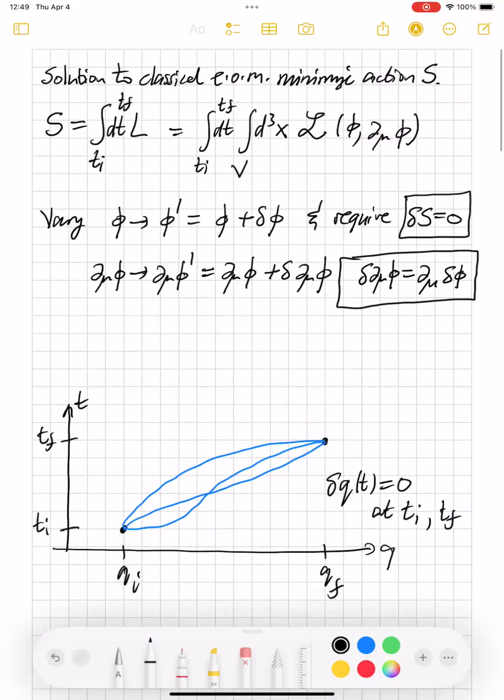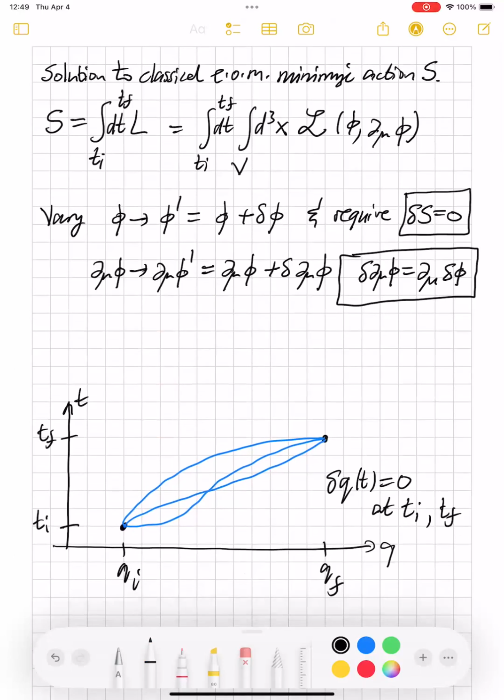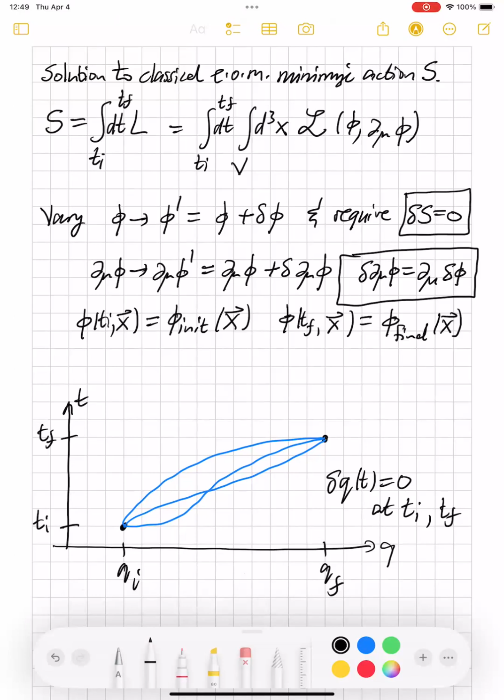Well, here, when we set up this variation, we are going to say something very simple. We want to specify some initial and final value conditions. So we're going to specify that the field at the initial time and all positions x is equal to some initial field configuration, phi init of x. And we want to specify that the field at the final time and at all locations is equal to some final configuration at all x's.